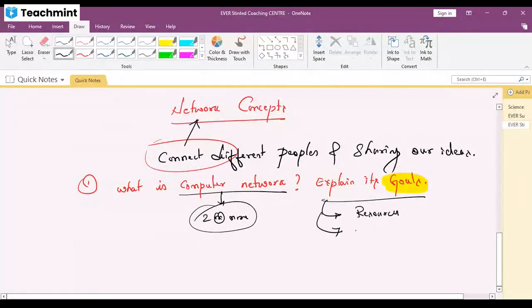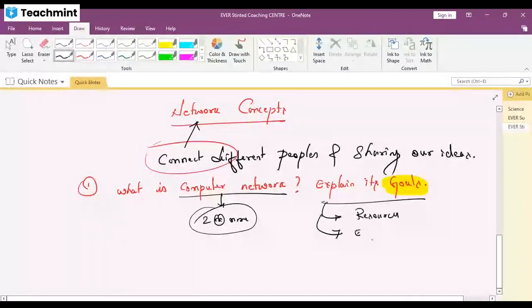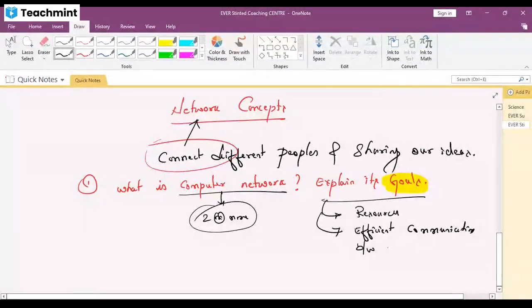And also there should be efficient communication, proper communication between the different people. Here we call different people users. A user is the one who is operating the system.